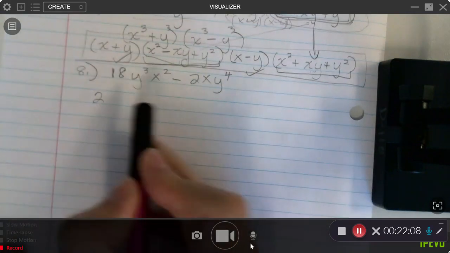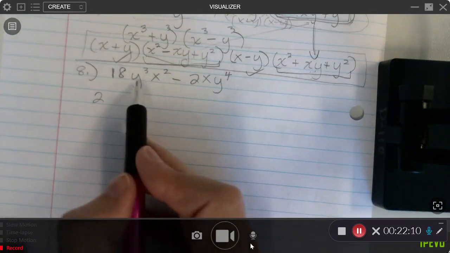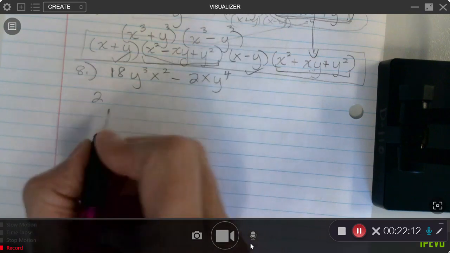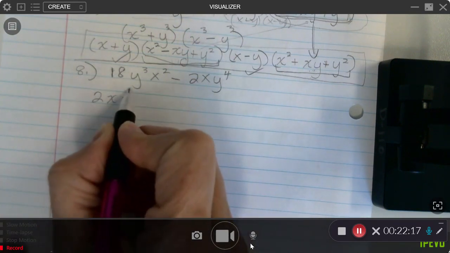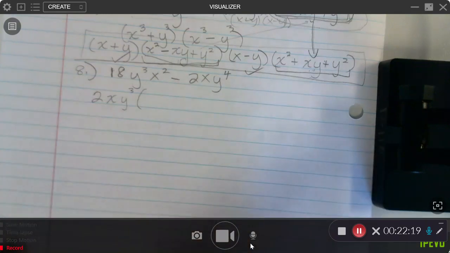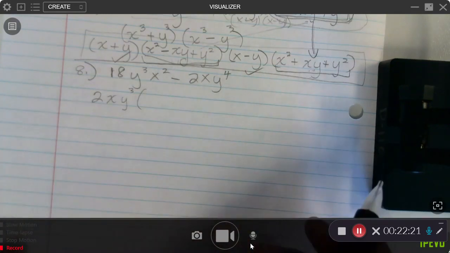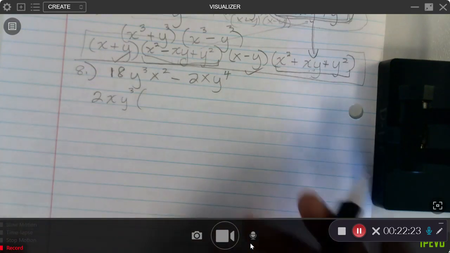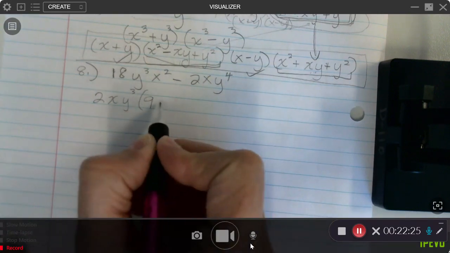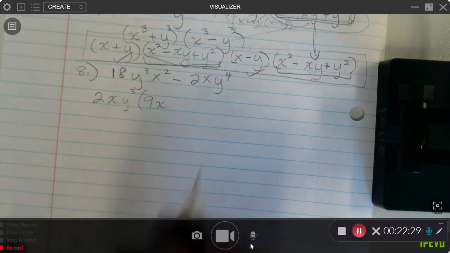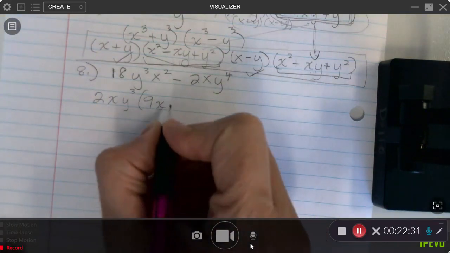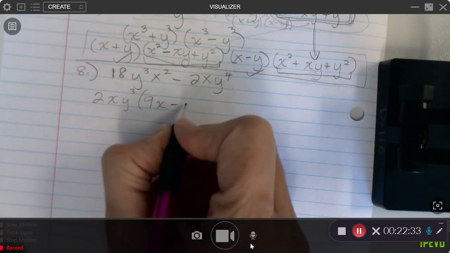How about the x's and the y's? 1 x and 3 of the y's. So what's left? 9x minus y.